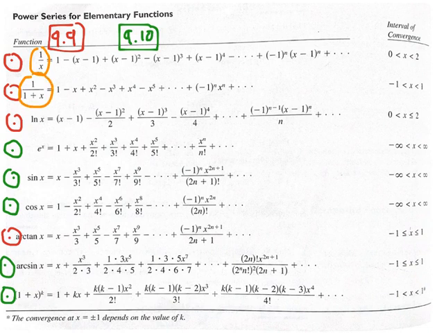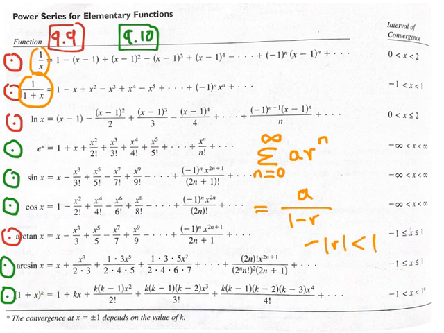For those two, what we did was we used the convergence of a geometric series theorem. If you have a geometric series, we know it will converge to the sum a over 1 minus r when the absolute value of the common ratio is less than 1.